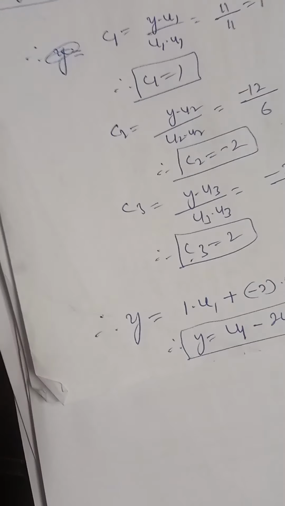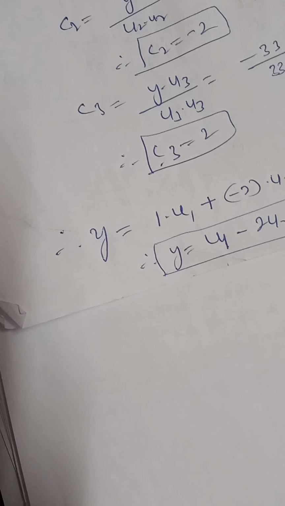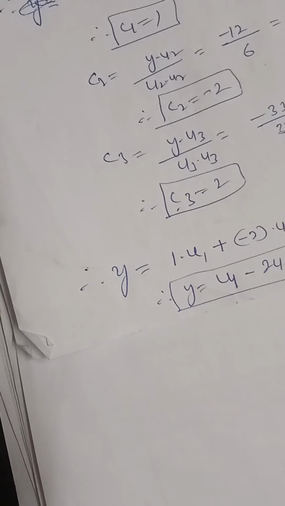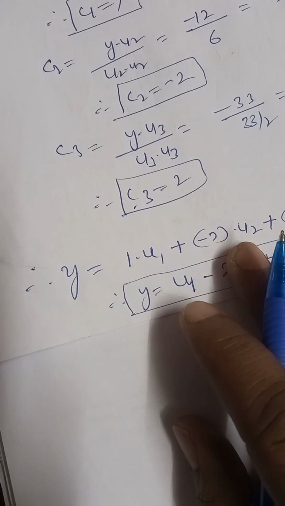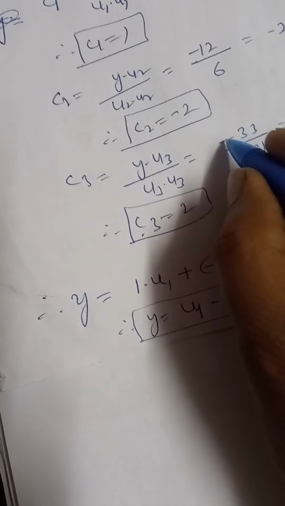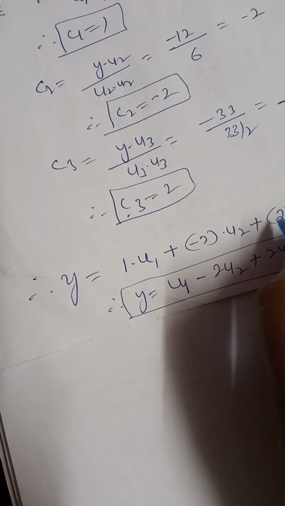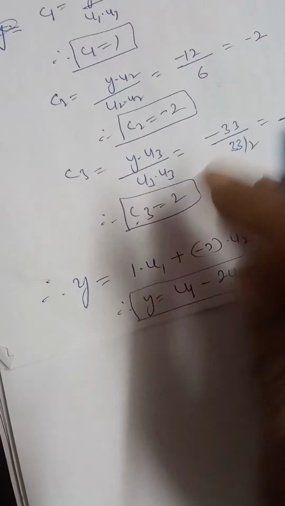Now y is expressed as a linear combination of the elements of S. Now see, u3 dot u3 is minus 33, right? Minus 33 means you will get minus 2 here. Please cross check this once again. Okay, right. And next one is an important topic.